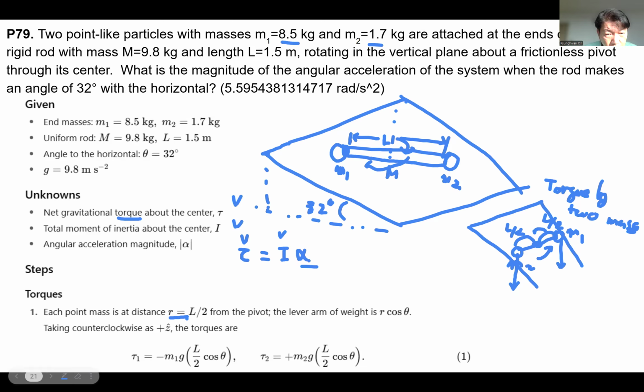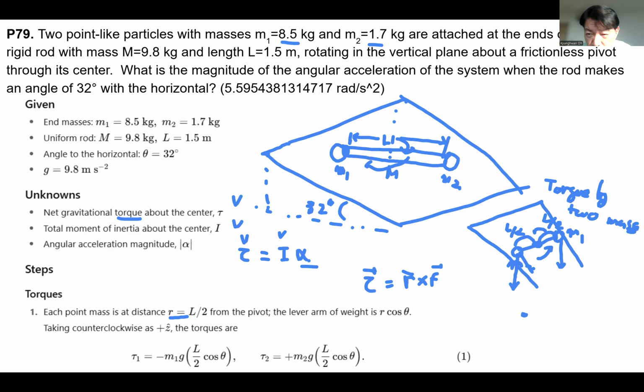What we have to think about is torque. Remember that r cross F is given by torque.